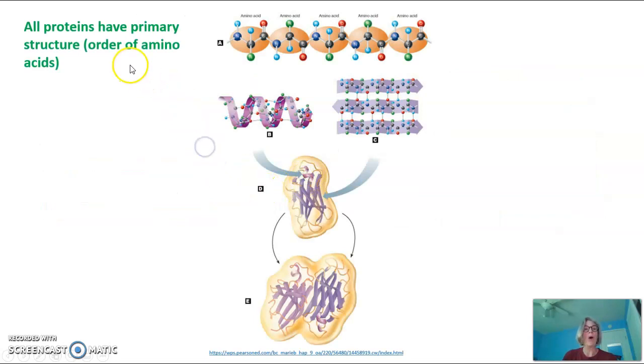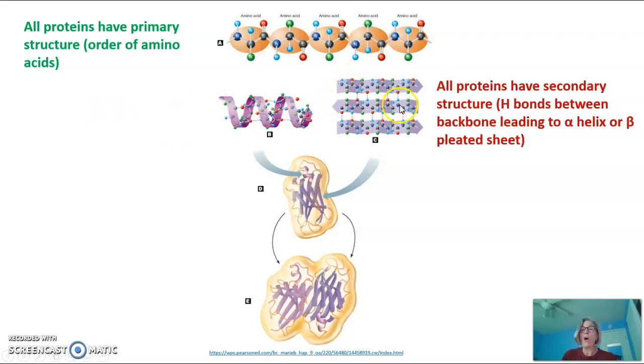So to review, all of our proteins have a primary structure, and this is the order of amino acids. So we have amino acid 1 connected by a peptide bond to amino acid 2, to another peptide bond to amino acid 3, etc. And then all proteins have a secondary structure, which is formed by hydrogen bonds between the backbone, between that NCC backbone. That's going to lead to either an alpha helix or a beta pleated sheet.